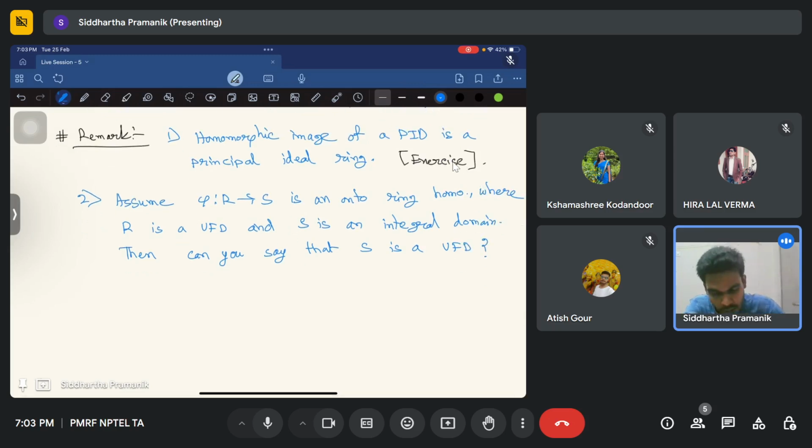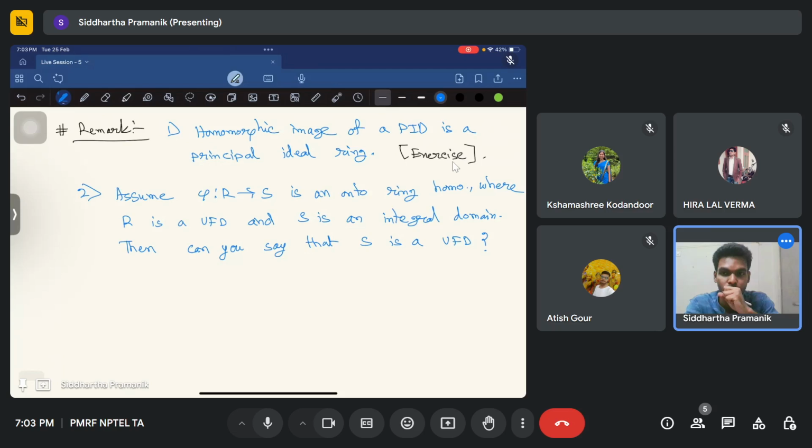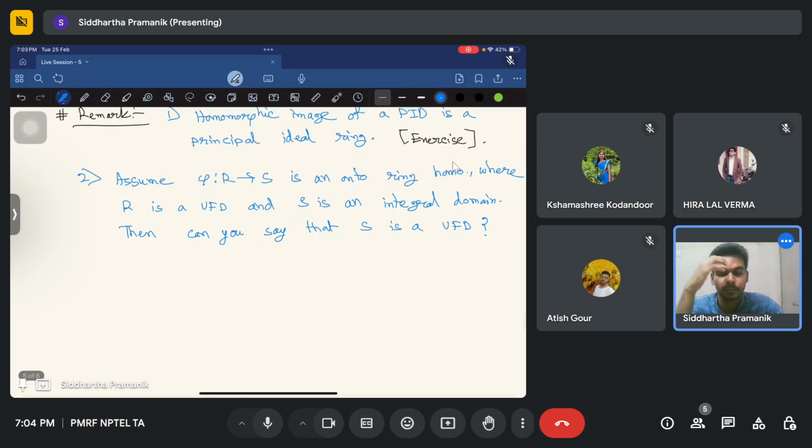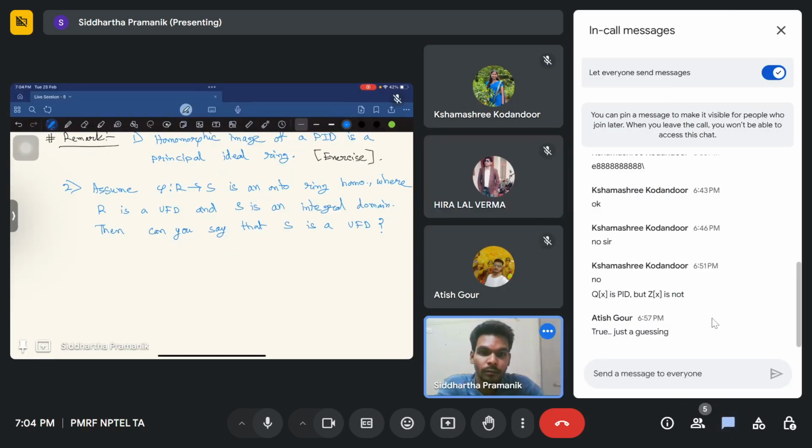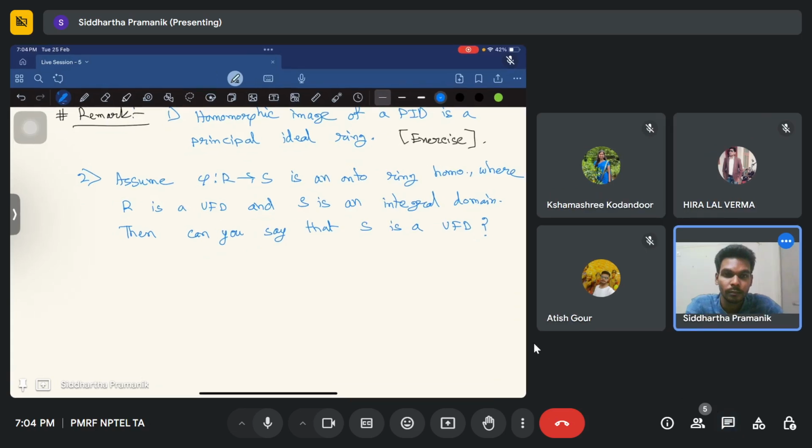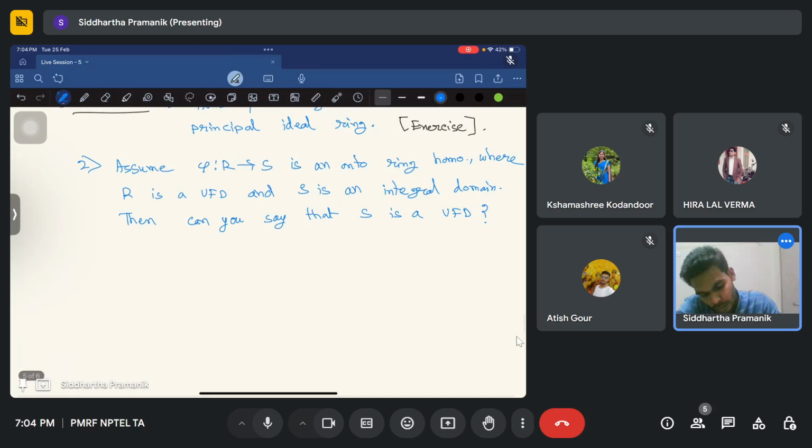So here R is a UFD and S is the homomorphic image which is an integral domain.